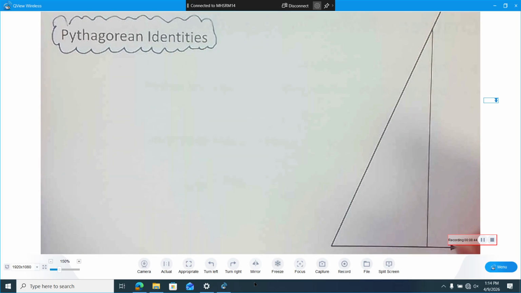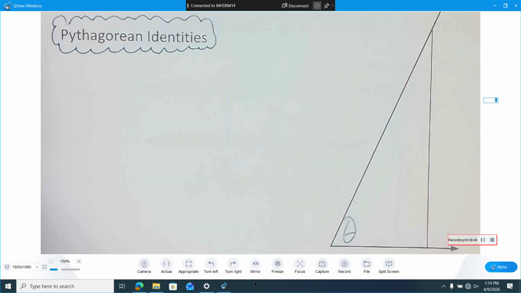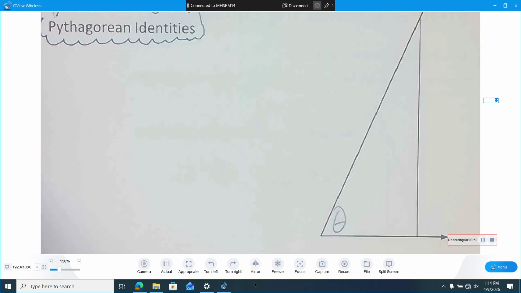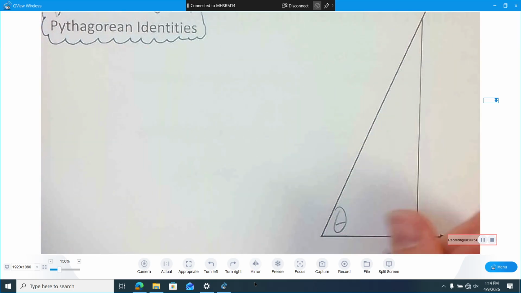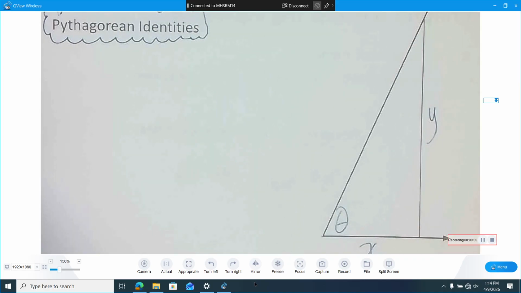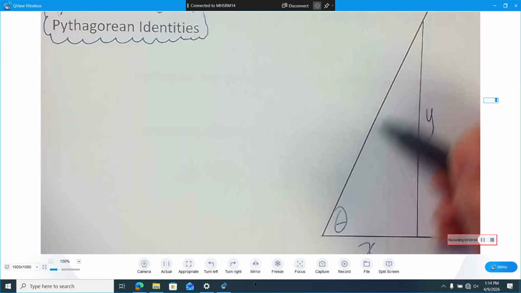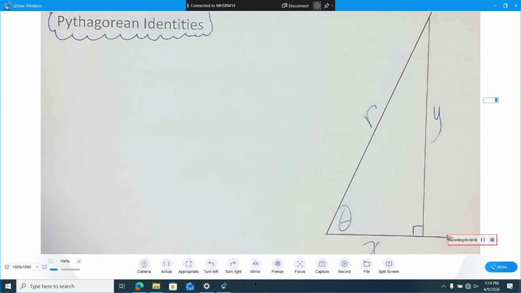So in my little triangle picture here, we have some angle, that's our angle theta, and I'm just pretending this is in the first quadrant, so we have an x value and some y distance up, and then I'm going to call my hypotenuse r.